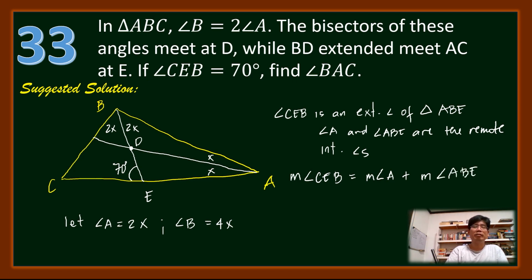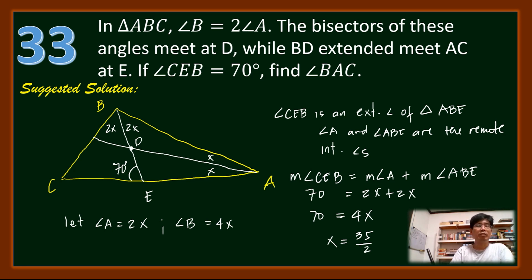Substituting the values, we have 70 is equal to 2x plus 2x. Then 70 is equal to 4x. Solving for x, we divide both sides by 4. x is equal to 35 over 2.